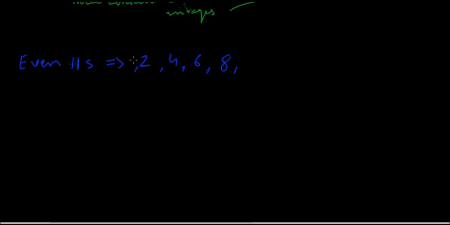Also remember that 0 is an even number too. You can have negative even numbers too, like -6, -4, -2, and it continues on both sides.